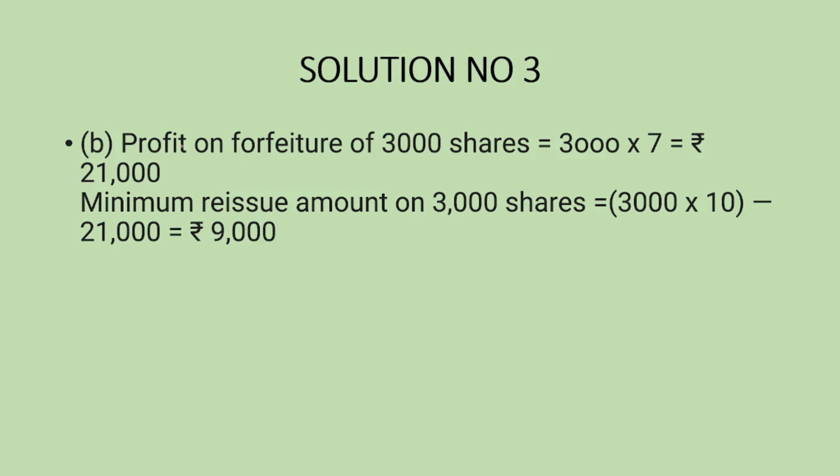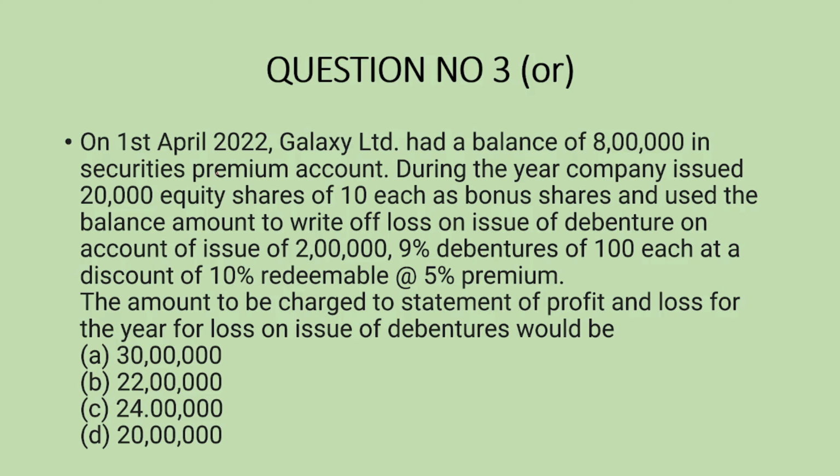Now, profit on forfeiture will be calculated for 3,000 shares as 3,000 into 7, that is 21,000. So, the minimum reissue amount of 3,000 shares is 3,000 into 10, that is 30,000, minus 21,000, that is 9,000.